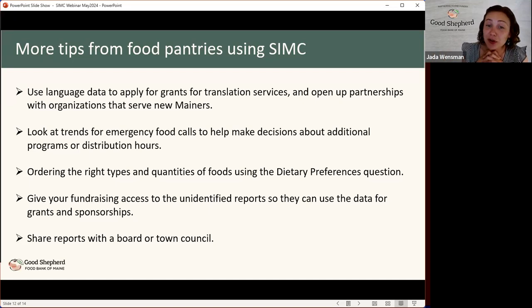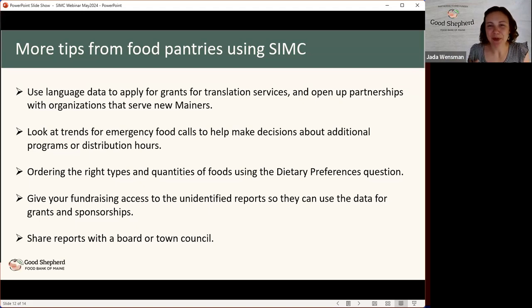Next, ordering the right types and quantities of foods using the dietary preferences question. So for example, if you start to ask about whether someone needs gluten-free foods, and you learn that 15% of your community would prefer gluten-free foods, but you're not currently providing any, that could be a helpful thing to know to then make a change that allows those folks to access the foods that they need.